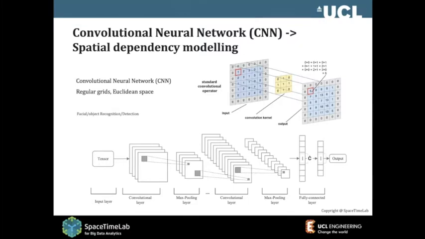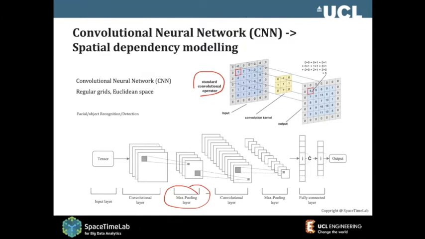Another one is what I call CNN, a convolutional neural network. For anyone who has done image processing, they will understand the convolution. What is shown here is a standard convolution operator. That's the operation here, okay? And then, more than that, they also have another strategy called multiple layers.